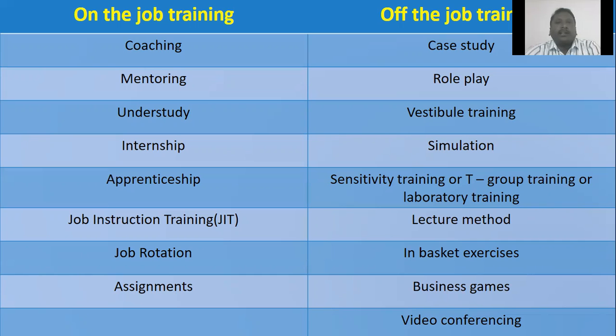We can understand this apprenticeship concept from the perspective of doing articles after completion of CA, doing house surgeon after completion of MBBS. Second type of training method is internship.